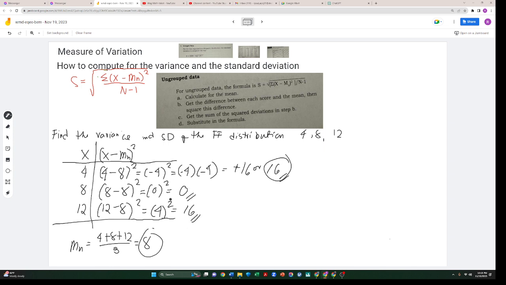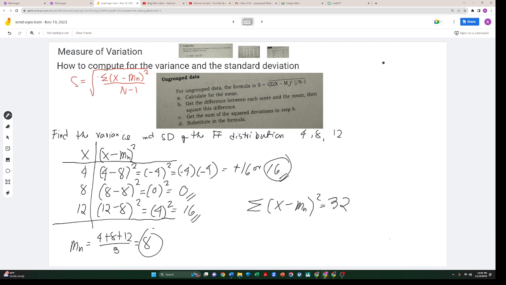Therefore, you will get the summation, because that is the formula. So you can make another table or not. So you just sum up the summation of x minus the mean, then squared, which is 16, 0, and 16. You add them, that's what summation means. So 16 plus 0 plus 16 is 32, right?